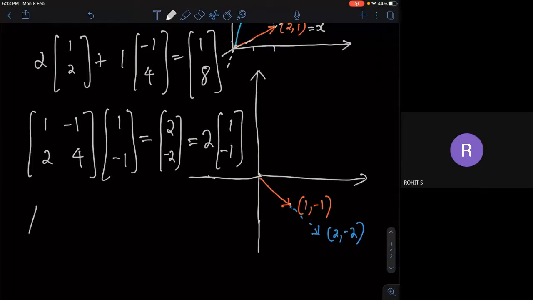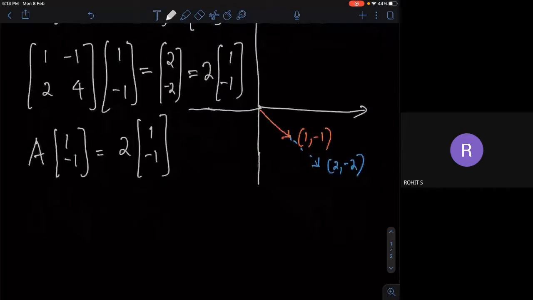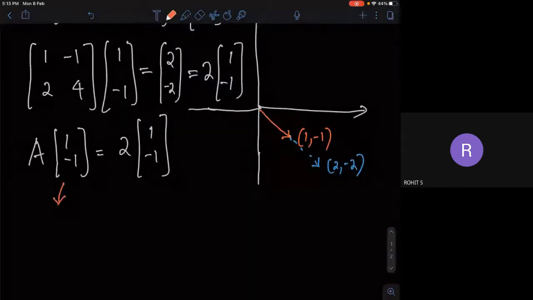And here we can see that A times 1, minus 1 is going to be in the same direction. It's just multiplied by 2. Is that clear? Okay. This is called an eigenvector of A.